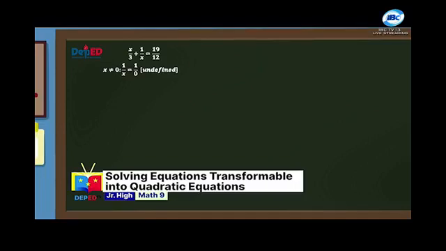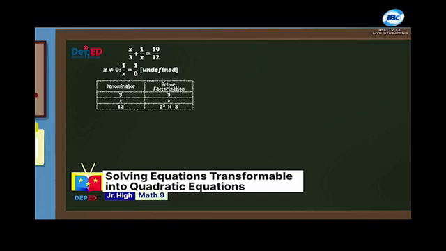So we express each of these in prime factorization. The prime factorization of 3 is itself, and so is x, while 12 is equal to 2 squared times 3. Let's record these in a table. What are the different bases that we see in these factorizations? We have 3, x, and 2. What is the highest exponent of 3 that appears in these factorizations? 1.